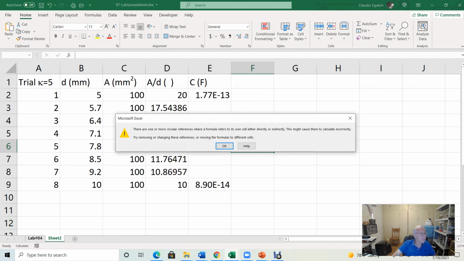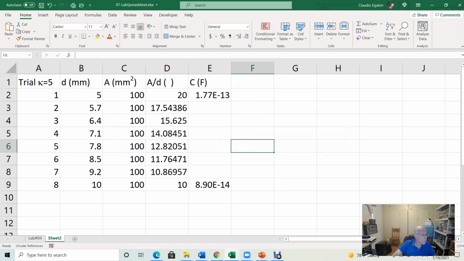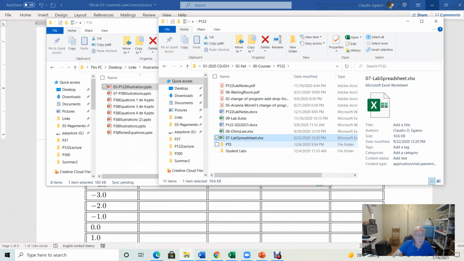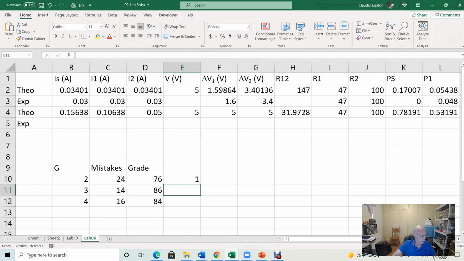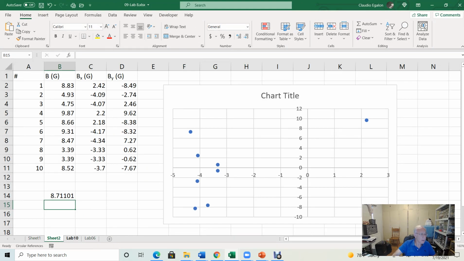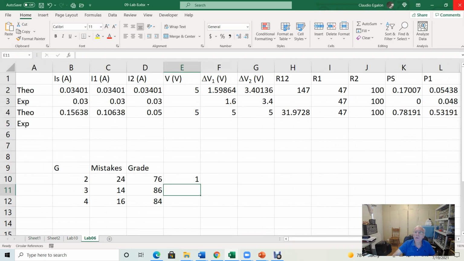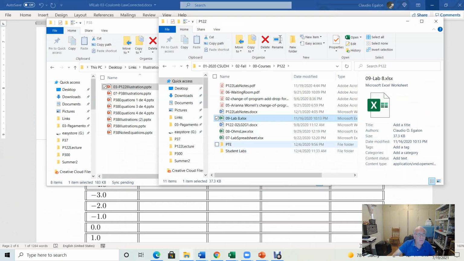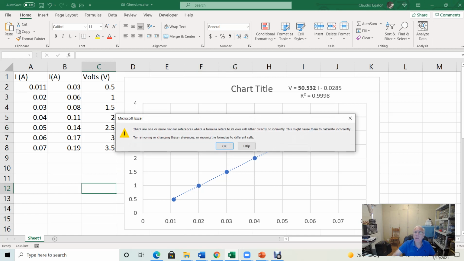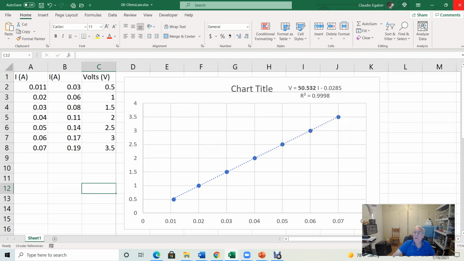Let's see, that's lab 4. No. Nope, not this one. Ohm's Law, lab 8. Let's see if it's this one here. Sheet 1. No, no. Yeah, it looks like we have to do this spreadsheet from scratch. What about Ohm's Law? I have 4 other experiments, but I cannot find the one for Coulomb's Law.